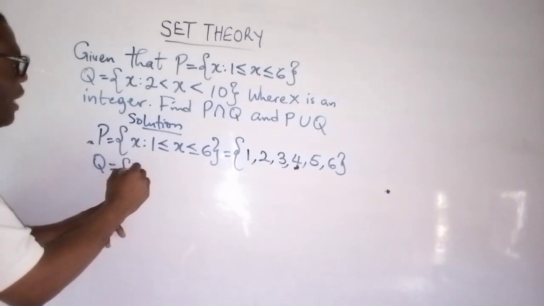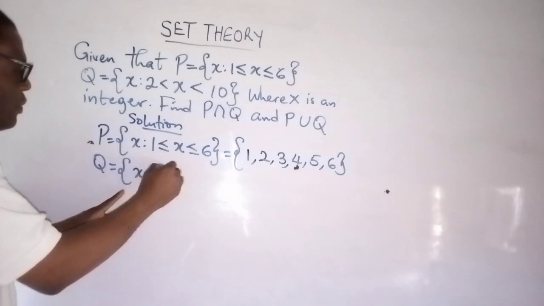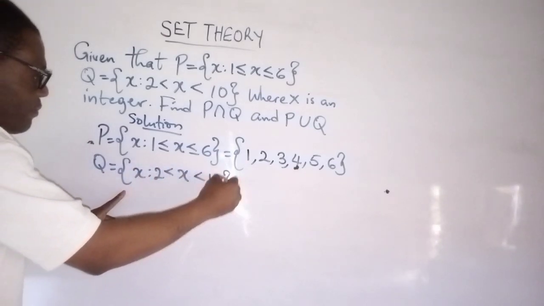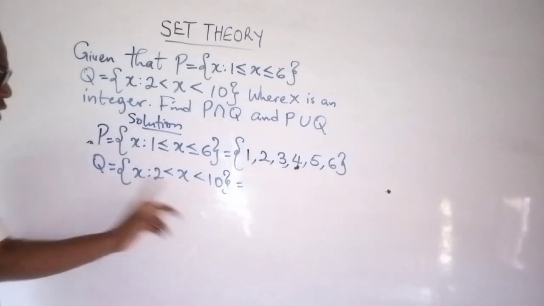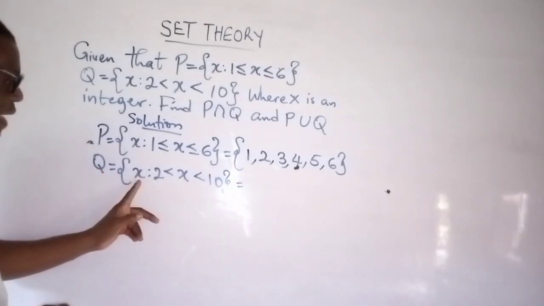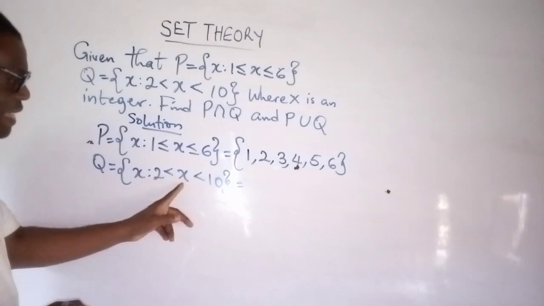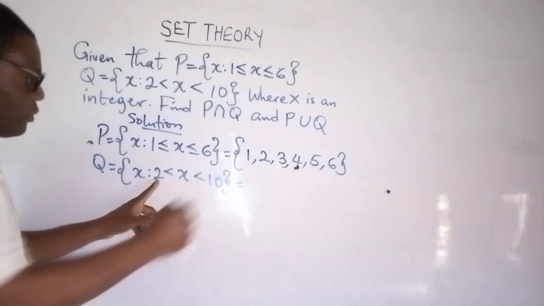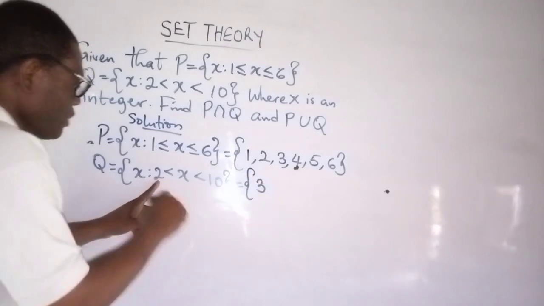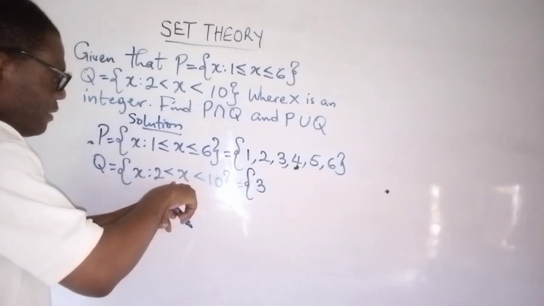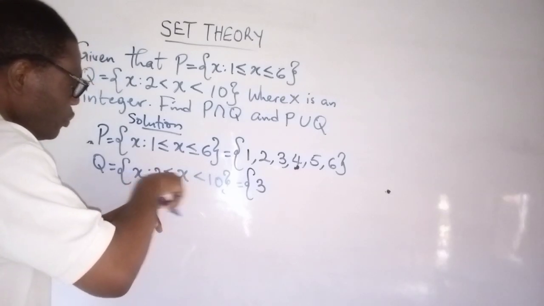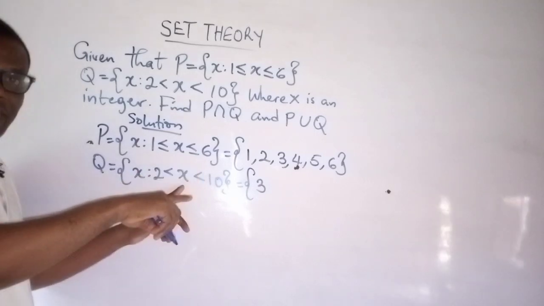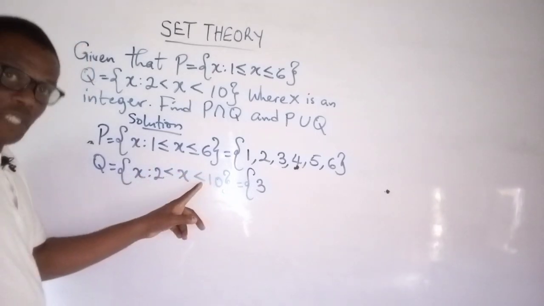Q there, we have X such that 2 is less than X is less than 10. That means the interpretation of Q is equal to X such that 2 is less than X is less than 10 means that we're not going to start with 2, we're going to start with 3 because 2 is less than X. All the values between 2 and 10, but 2 is not going to be inclusive and 10 is not going to be inclusive.